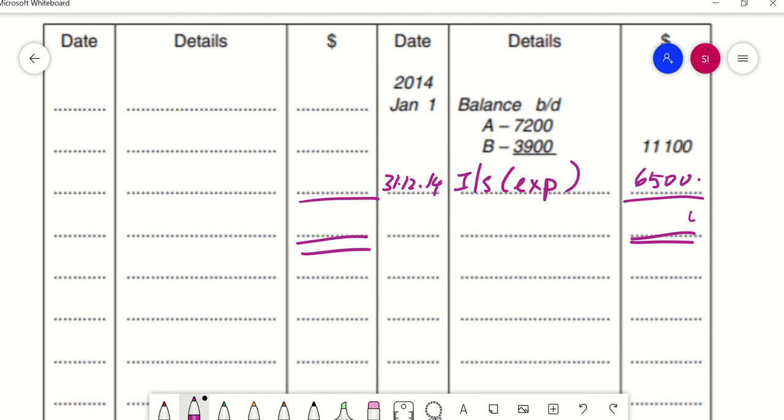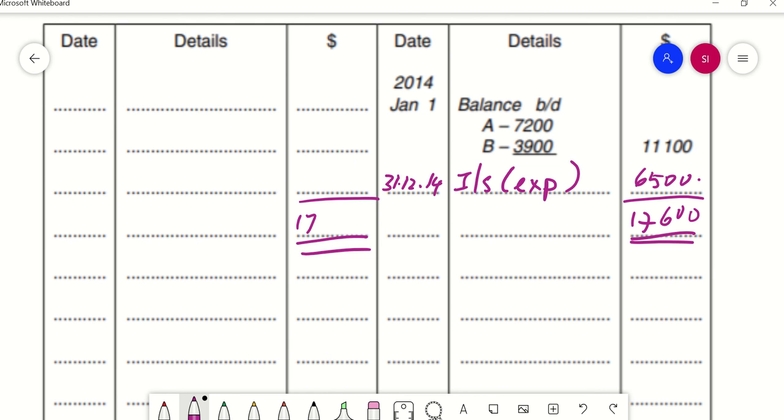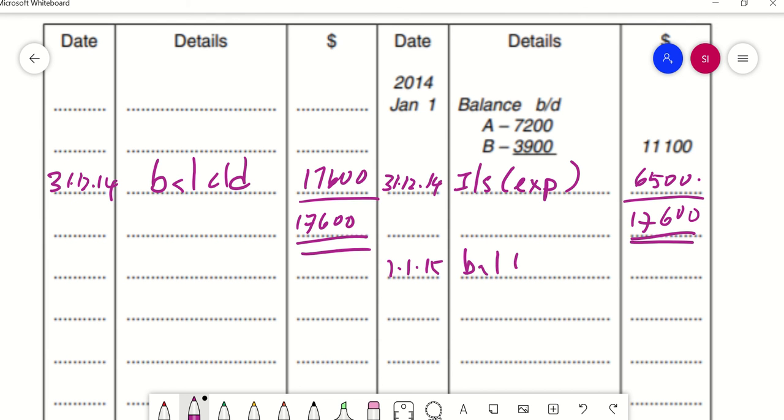Credit side is greater. So it's 11,000. 11,100 plus 6,500, which gives 17,600. So 17,600 balance carried down as at 31st 12 2014 and 1st of Jan 2015 balance brought down 17,600.